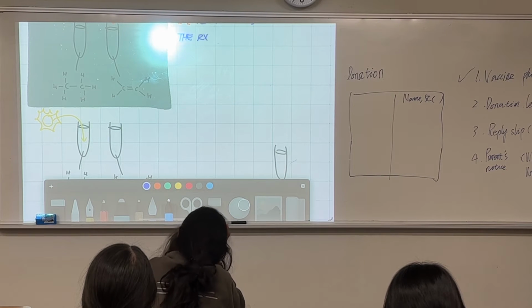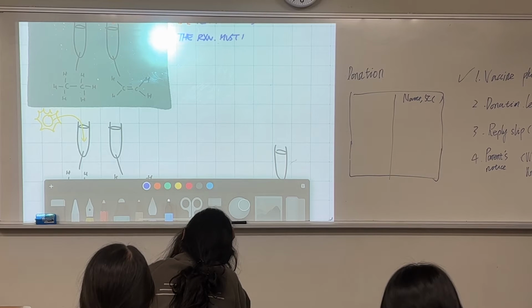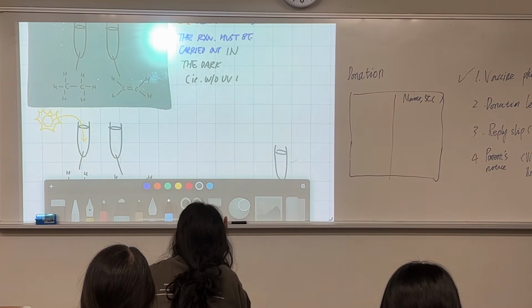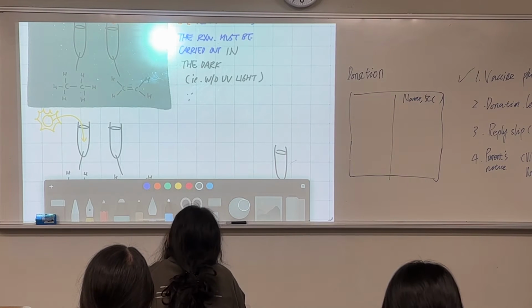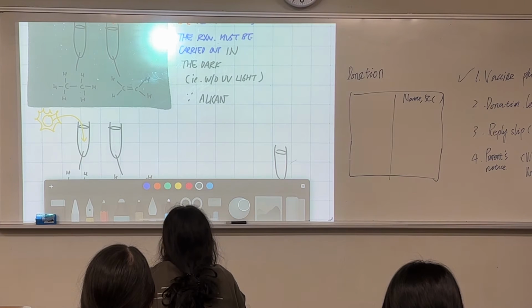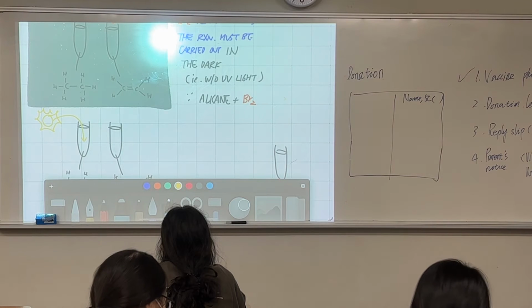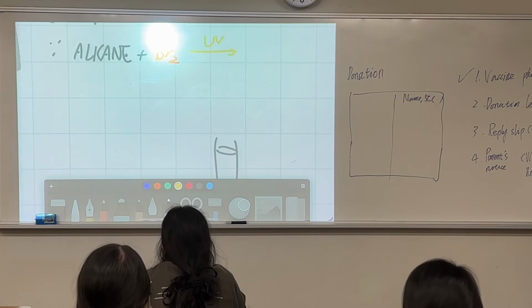The reaction must be carried out in the dark, meaning without UV light. Because alkanes can react with halogen in the presence of UV light. But of course, in the dark, there will be no reaction.